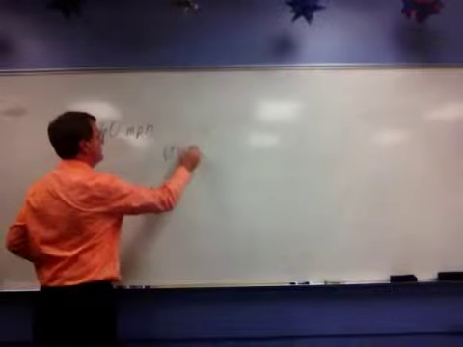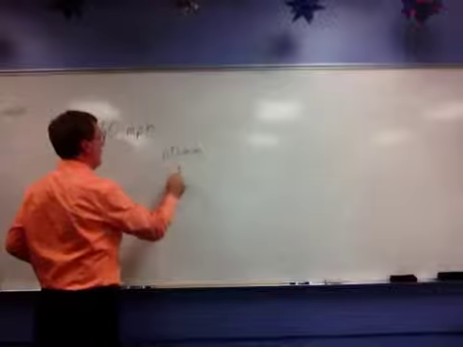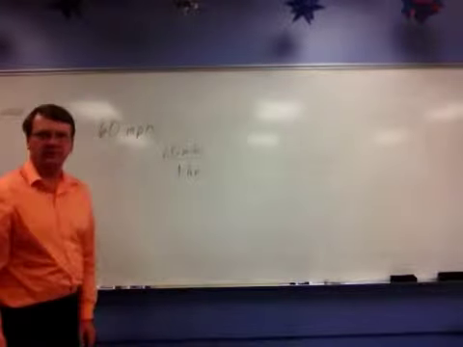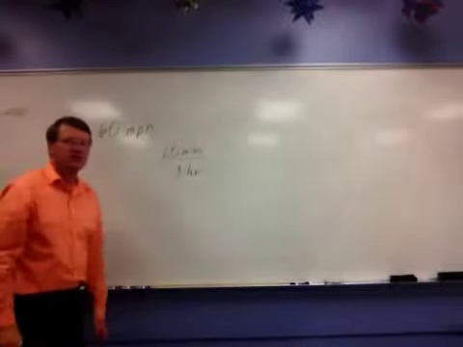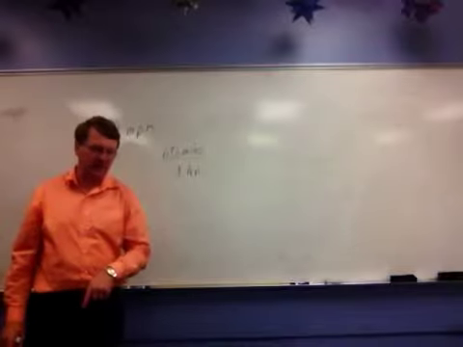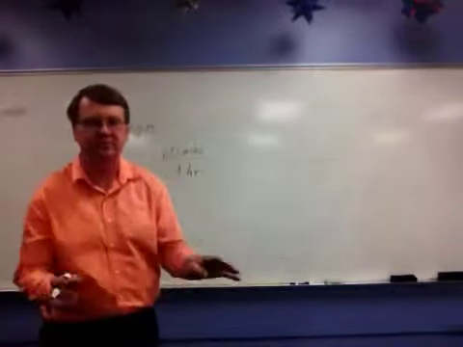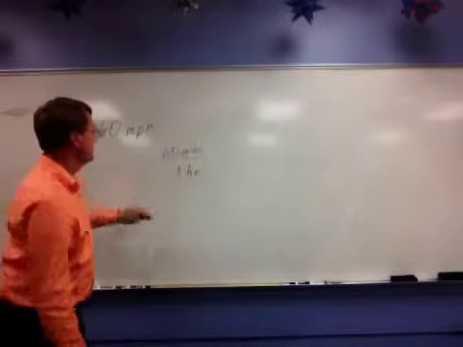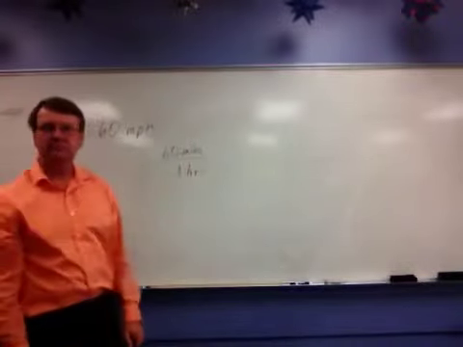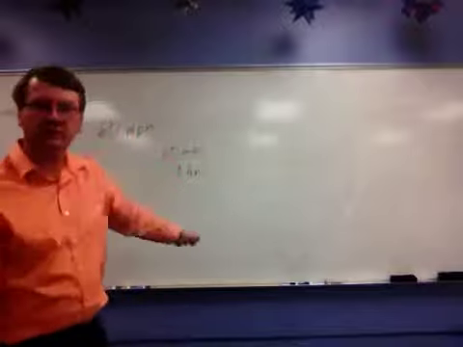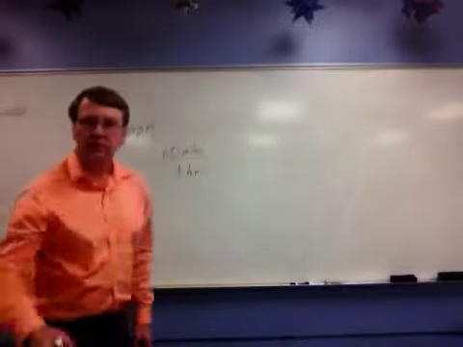60 miles per hour. Let's write the 1 hour there, all right? I want to change it to feet per second. Now, do you want to work with the feet first, or do you want to work with the seconds first? It doesn't matter. I'll take care of the miles. Do you notice that up here in the numerator, there's miles? I want to get rid of the miles. Let's see, how many feet are in a mile?